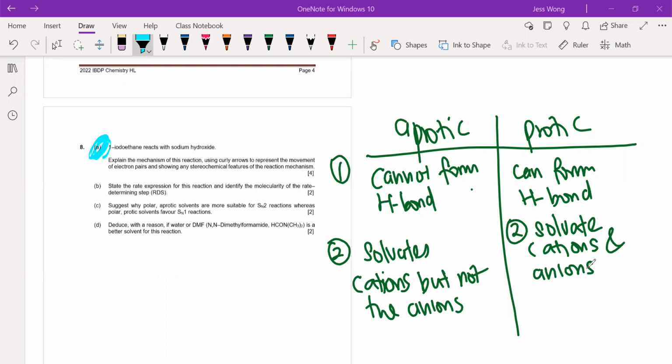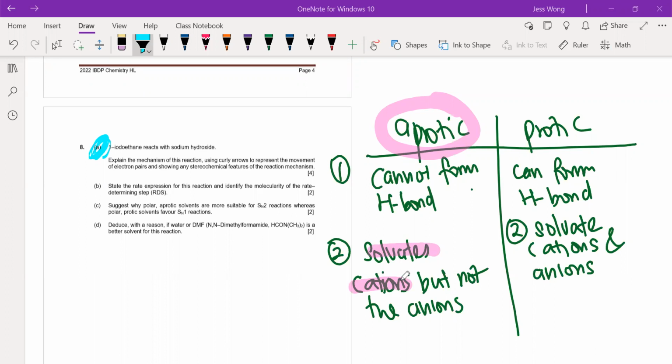So therefore, for the aprotic solvent, since it solvates the cations, it will in a way help to stabilize any mechanism that has a cation. And it does not solvate the anion, so it doesn't surround itself around the nucleophile and solvate the nucleophile.